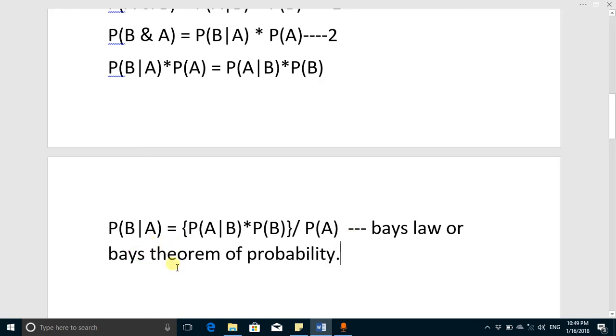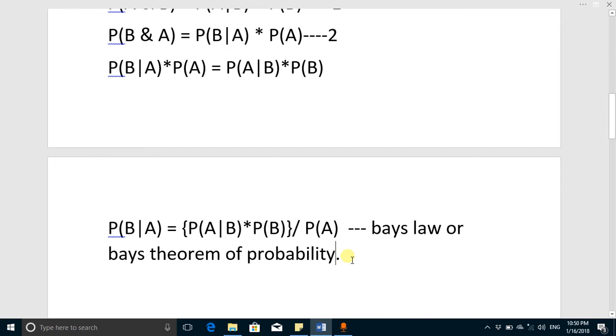This law or theorem of probability is very important, and it has applications in many areas of computer science and artificial intelligence, even in biology, even in law, and in medical science, because this formula gives us an option to predict about the future from the past. So if we have the probability of A given B, we can find the probability of B given A, and it has many interesting applications. Even some decisions have been made in the court by using this Bayes law or Bayes theorem.